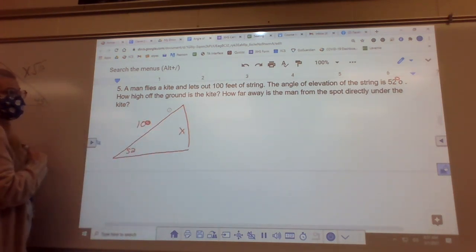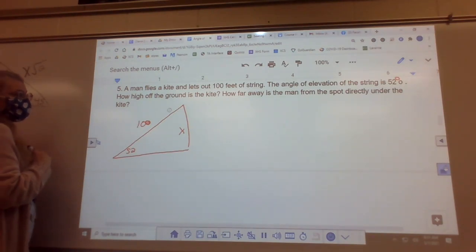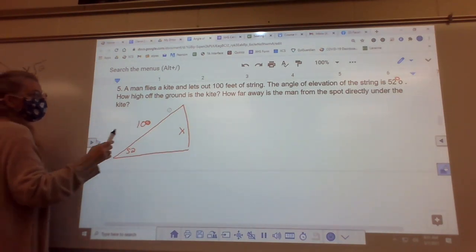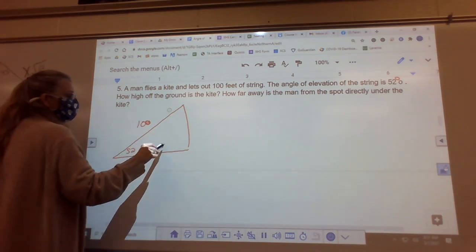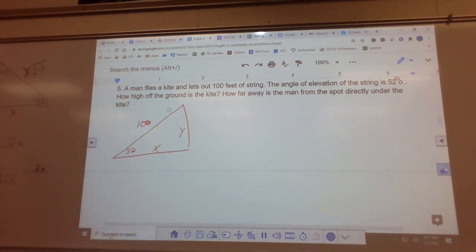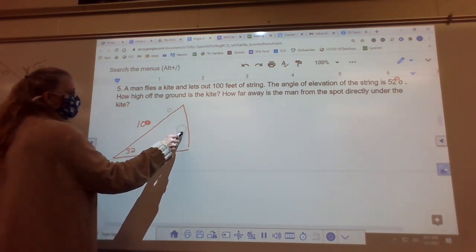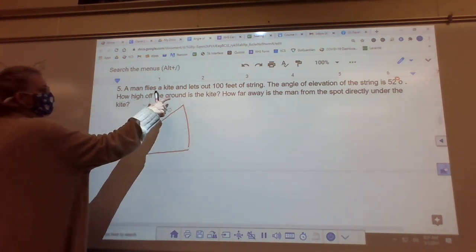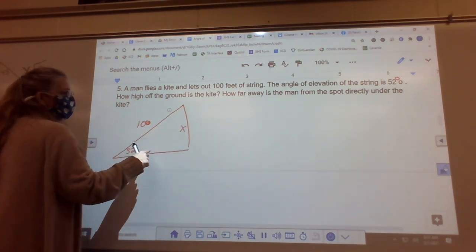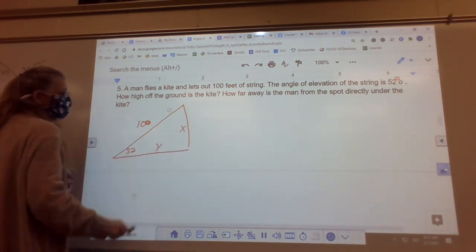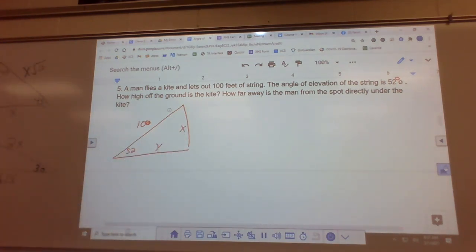Then it says, how far away is the man from the spot directly underneath the kite? Let's do this one first. X, then Y. Well, it doesn't matter which one's which. If I keep in the order here, how high off the ground is the kite? How far away is the man from the kite? It'd be that one. Like I said, whichever one you pick doesn't matter.